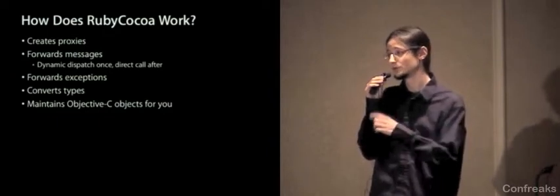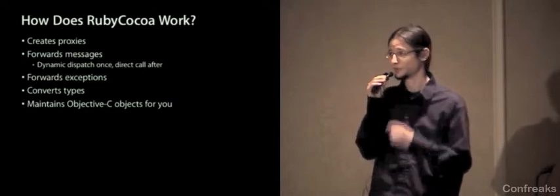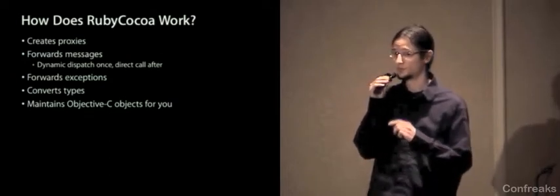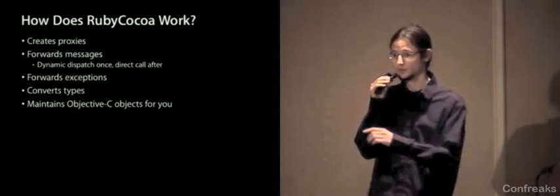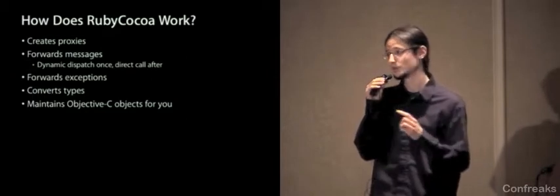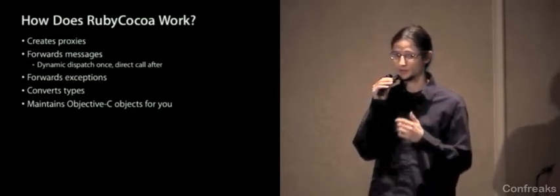In Objective-C 2.0, you can now use garbage collection, but we don't support it yet. But if you use RubyCocoa, you never have to retain or release your objects. RubyCocoa is smart enough to release the objects when they are not necessary anymore.